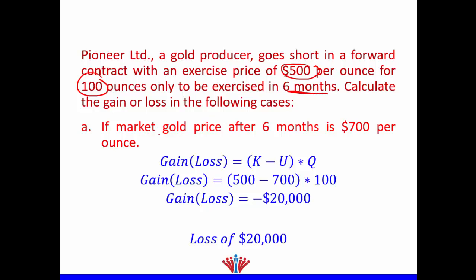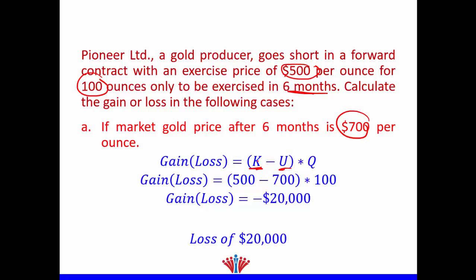The first scenario is if the market gold price after 6 months is 700. So I know that the price increased from the relationship we mentioned. If the price increases for a seller, they will make a loss. Therefore, our formula for gain or loss will be our contract price or strike price or exercise price minus underlying price, which is the price in the market in the future.